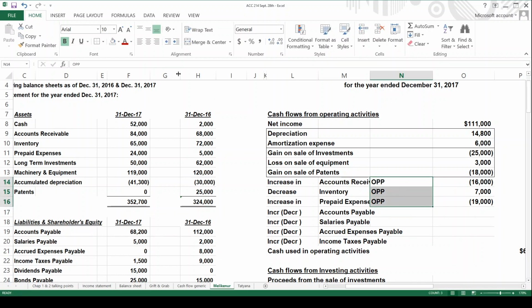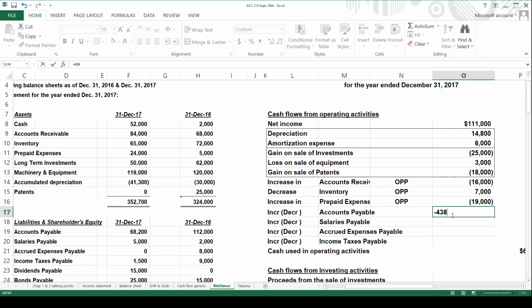Now we're going to do the current liabilities. We're going to go in the same direction of the change. So accounts payable, operating related, goes from 112 to 68.2, which is what? 43.8. And that's a decrease. And the good news is you owe less money, and the bad news is, guess what?